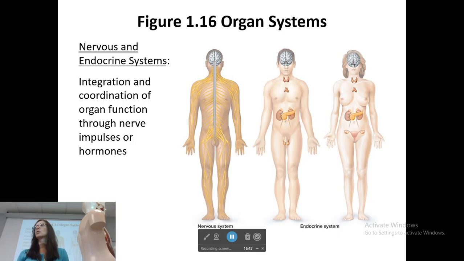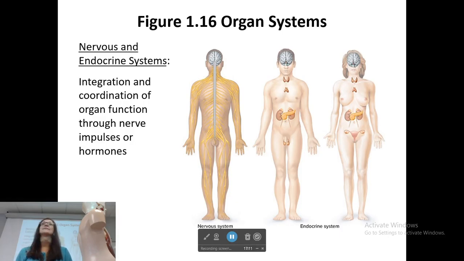Okay, the spinal cord. These models don't really have the nerves showing on them, but you would have nerves going out throughout the body. Okay, anything else that would be part of the nervous system?